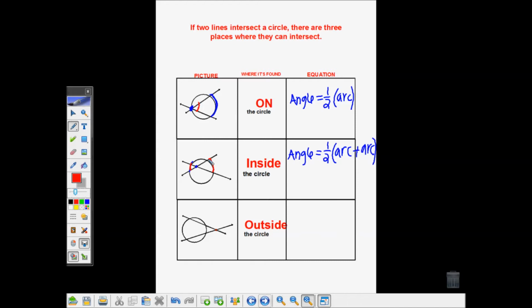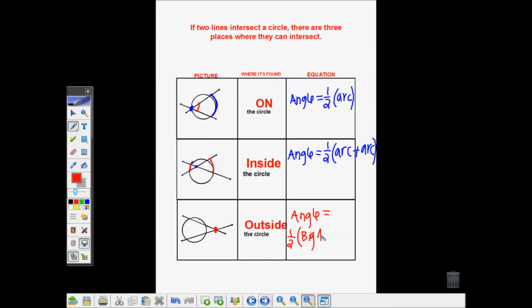And lastly, if it is on the outside, we have 2 lines, they intersect, but they intersect way out here. It's not in our circle or on the circle, it is outside the circle. Our formula: the angle equals, again, 1/2 times the big arc minus the small arc.